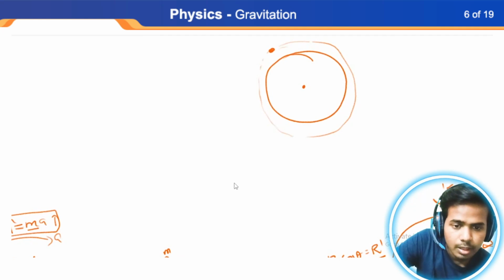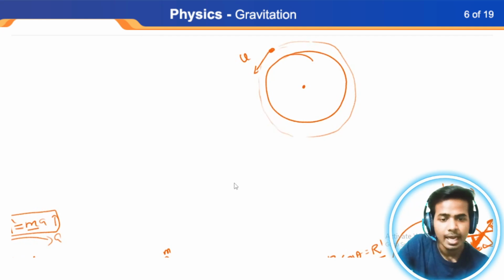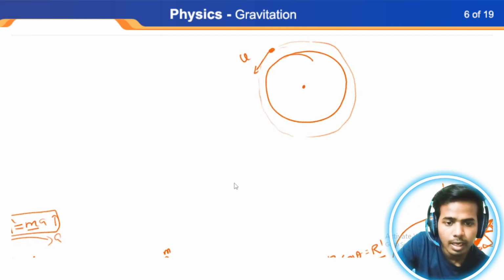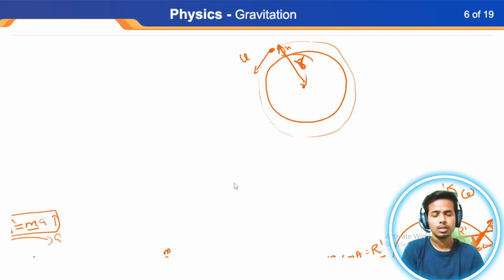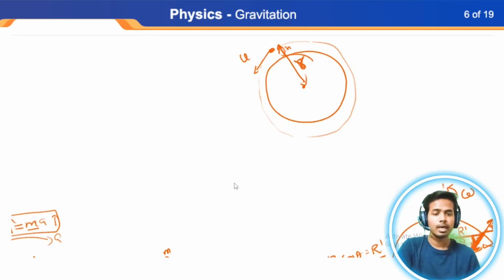Let's say it has a speed of u, and it is at some height h, or maybe we can take it from the center, a small radius r. Now, how can we find at what speed it is rotating in an orbit of radius r around the Earth?